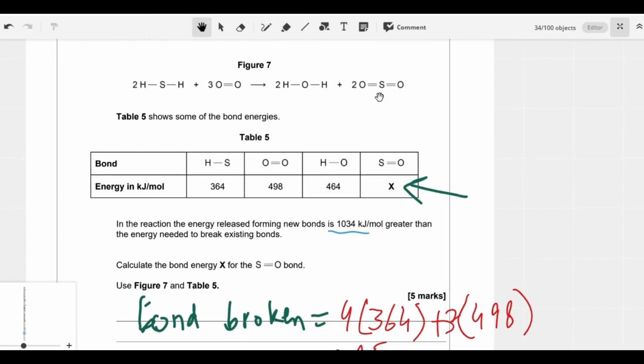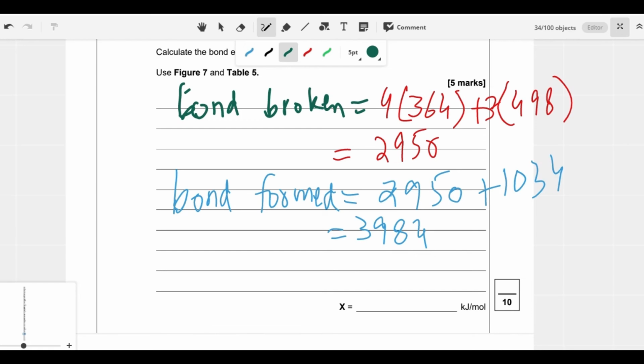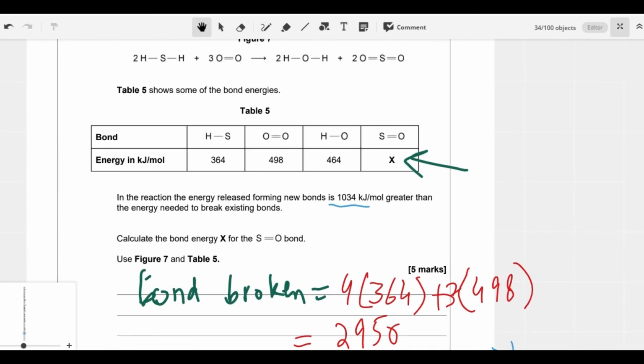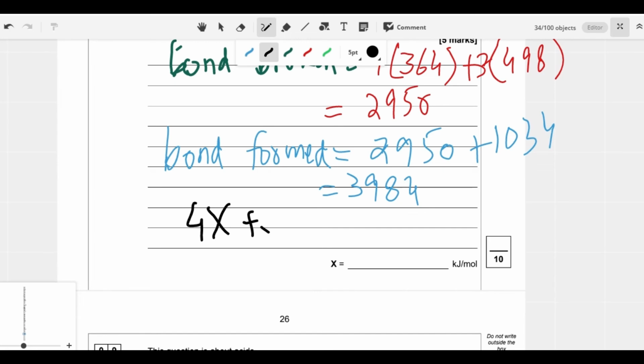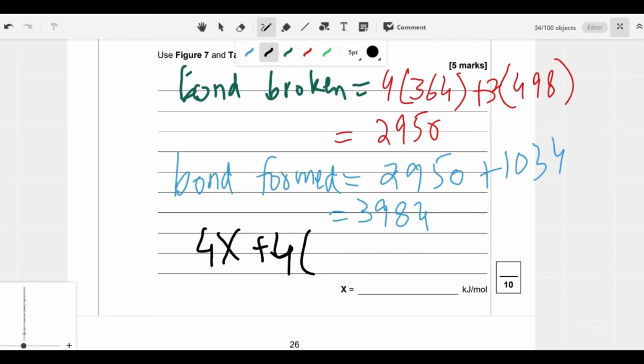Okay, now the next step is, you can see how many S=O bonds are present. The SO2 contains 2 bonds each, so 4 bonds, so I'm going to write 4X plus, and next there are 4 bonds of O-H. So you need to write 4 times the energy of O-H, that is 464, and this is equal to the energy 3984.